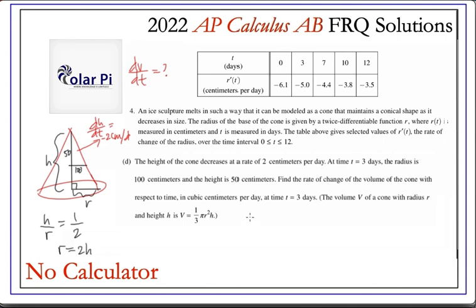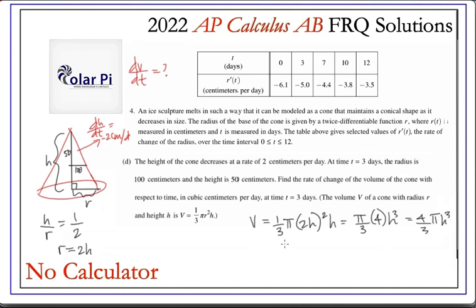And so V is equal to 1/3 pi, and then r is 2h, so that would be (2h) squared times h. That's going to be pi over 3 times 4h squared times h, which is h cubed, so that's 4/3 pi h cubed, right?